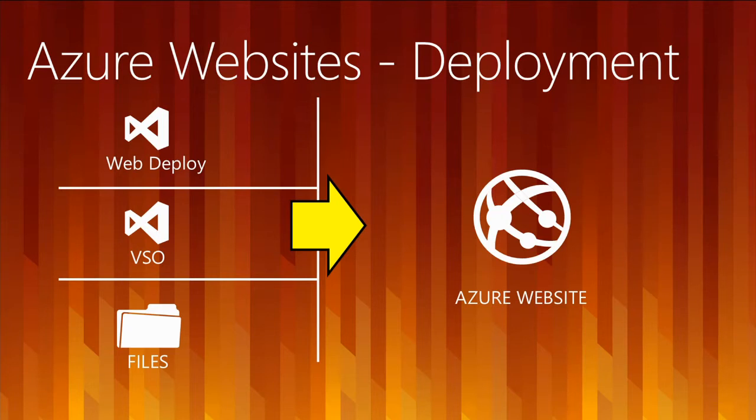So if somebody checks new code in, we could set up either a gated check-in where somebody has to approve it and then it gets deployed, or we can do an automatic deployment that just says, go ahead and put it out there. Typically for a dev or a staging type instance, this is good because you can just keep pushing things up there. It depends on the customer and depends on the workload that you're doing.